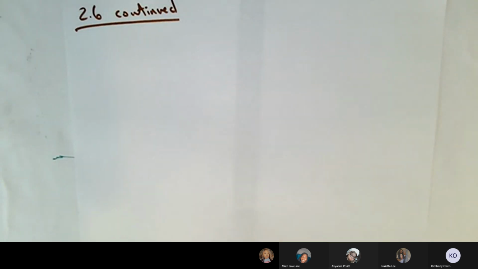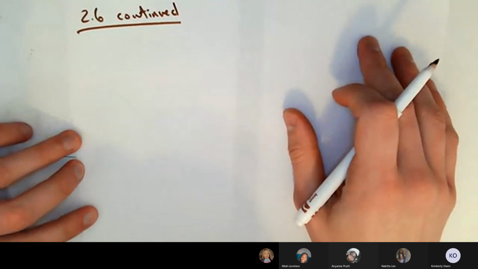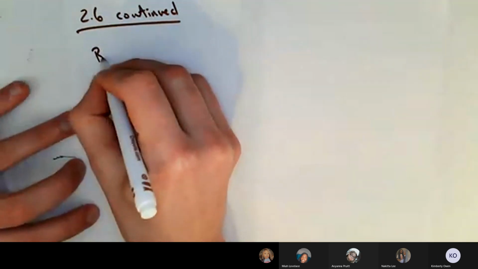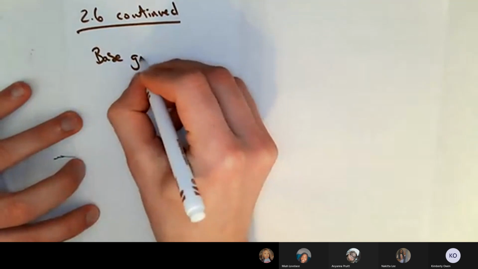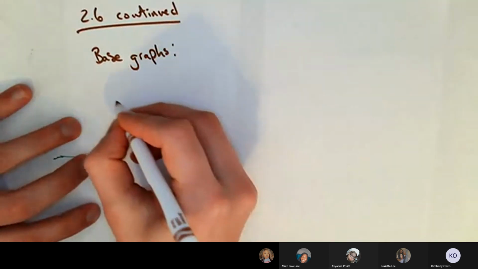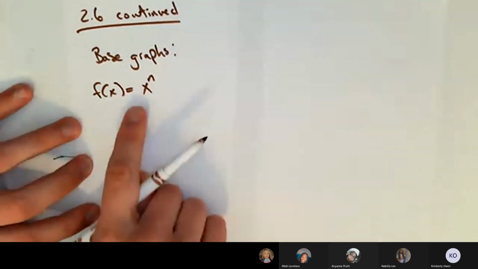Okay, so in this we're talking about shapes of graphs, or rather graphs of functions. So we're talking about graphing functions, and the way that we're structuring this is we talked about some base graphs, right? We have base graphs for polynomials f of x equals x to the n, or power functions.